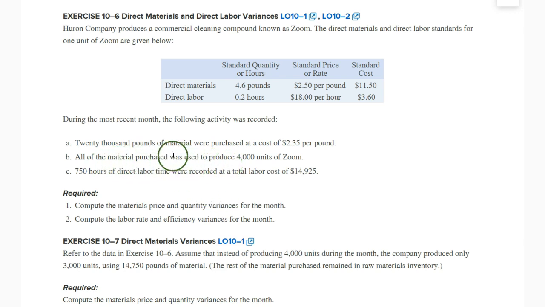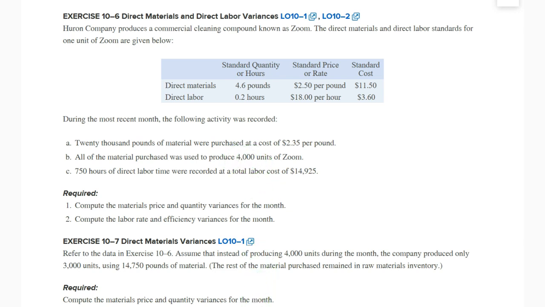So we did use 20,000 pounds, and then we produced 4,000 units. Now how many pounds should we have used based on the standards to produce 4,000 units? The standard calls for 4.6 pounds per unit. So we should take 4.6 pounds times 4,000 units to get the quantity we should have used.